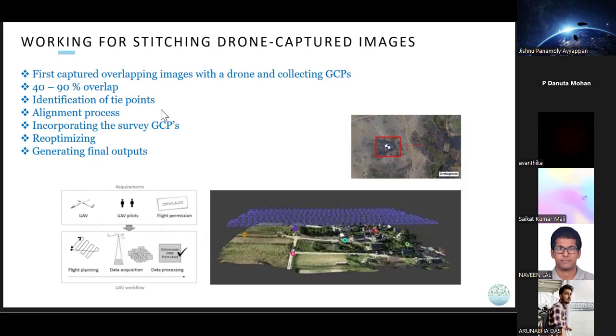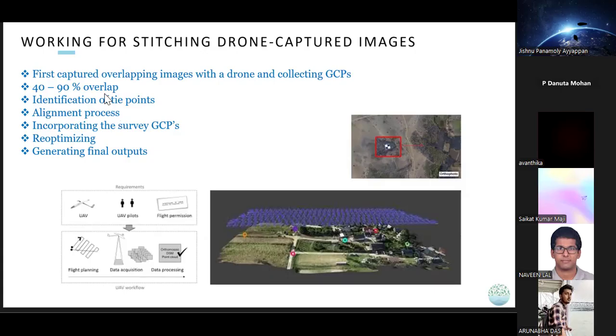Next comes the identification of tie points. Why do we need these overlapping images? We are going to process the entire set of drone images, especially from photogrammetric drones, using a method called structure from motion. You can read more about it because it's a very vast topic.